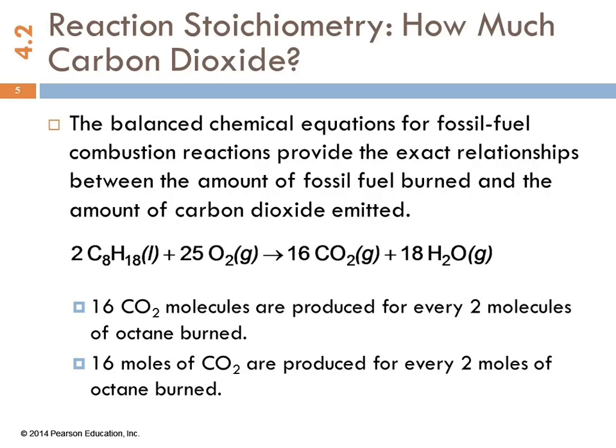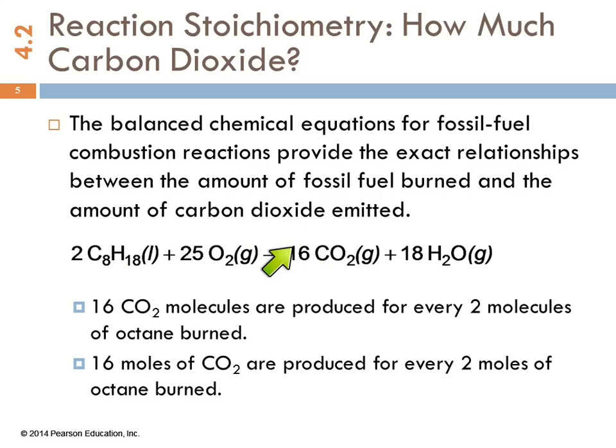Well, if we look at this balanced chemical equation for combustion, we get a relationship between the number of particles of C8H18, which is octane, and the number of carbon dioxide molecules that are created.